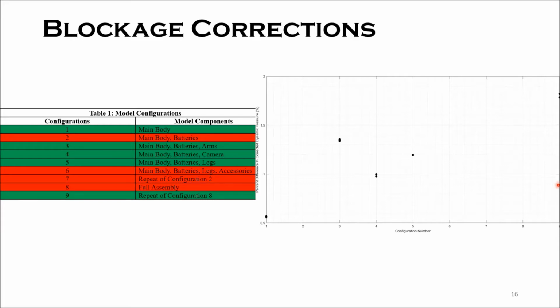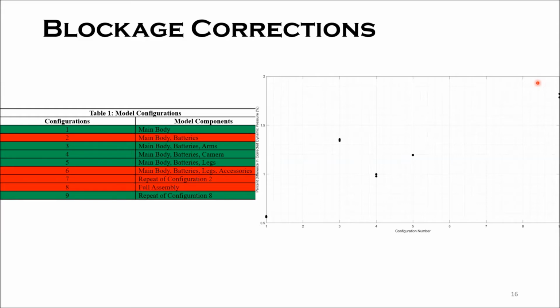The similarity can be attributed to the components and orientation of this configuration. The additional component of legs did not cause extra buffeting or obstruction at a higher velocity. This effect can be seen, however, by configurations 4 and 9, which had larger and more components.